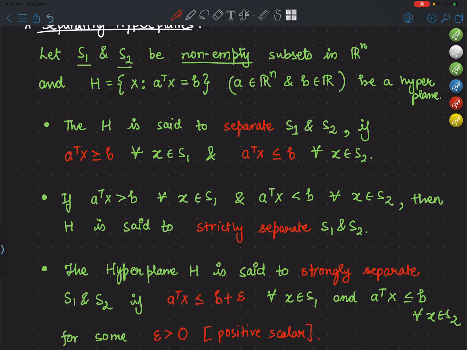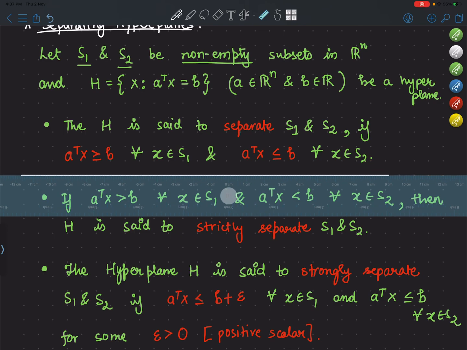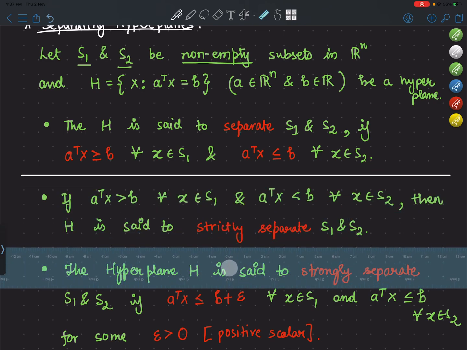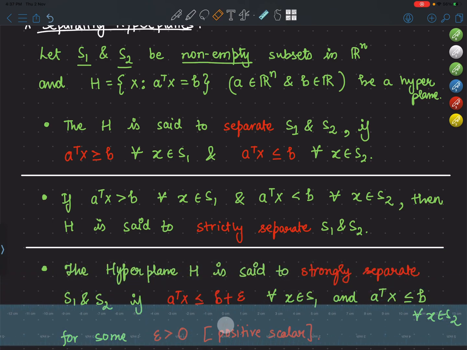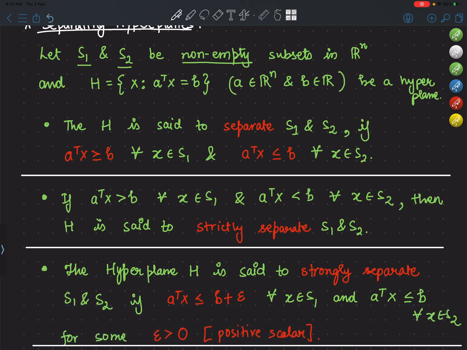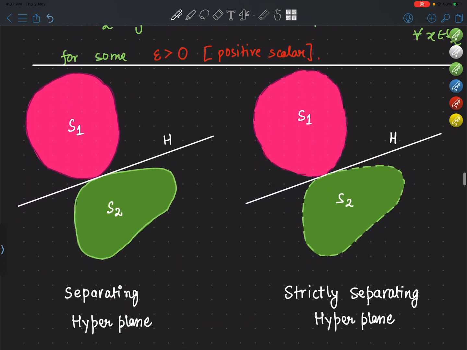So I hope this gives you some idea, but to give you a better idea, let's look at them geometrically. Here are two sets, S1 and S2.